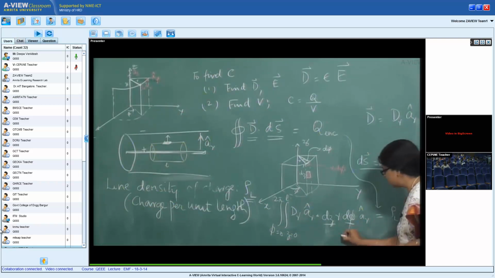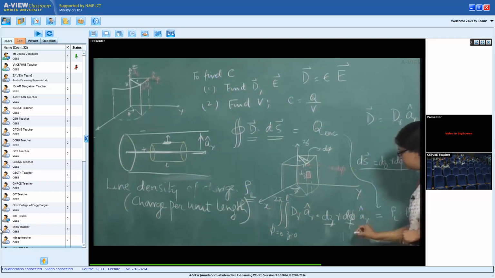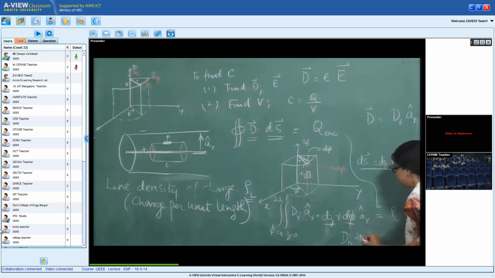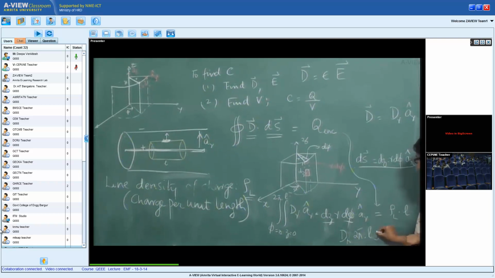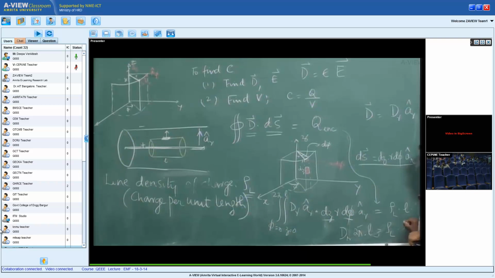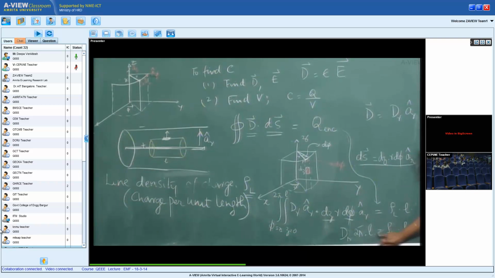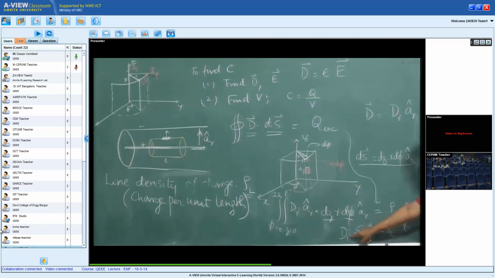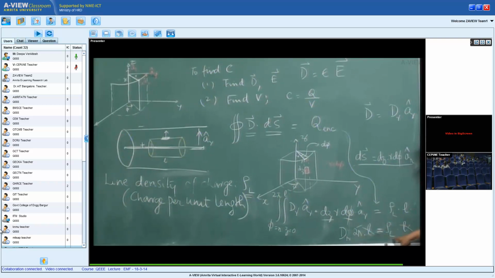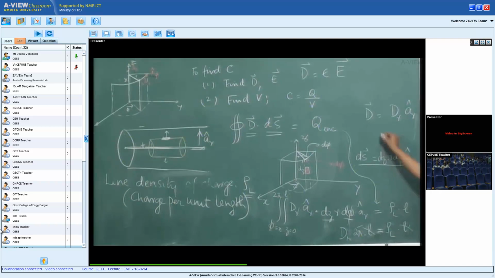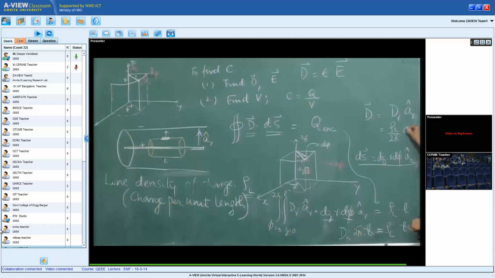So my answer would be, and a_r dot a_r is 1, D times 2 pi times L is rho L times L, which means my D is rho L divided by 2 pi in the direction a_r. So I got my D.